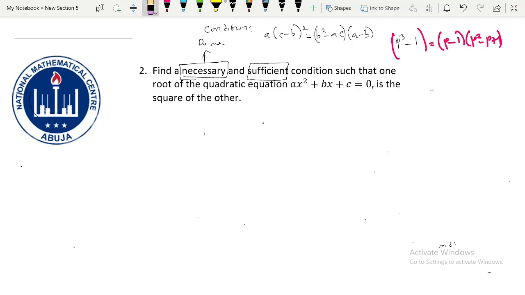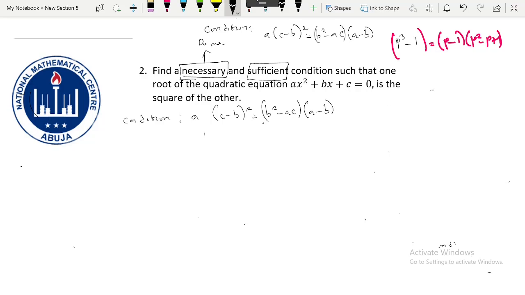Okay, so this is our condition, right? Before we go on to prove the sufficient part, this is the condition: a into (c minus b) squared equals (b squared minus ac) into (a minus b), right?